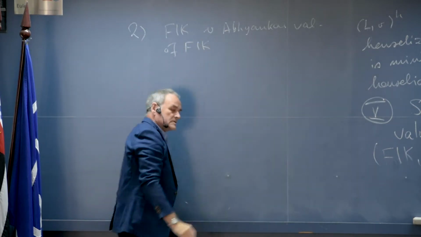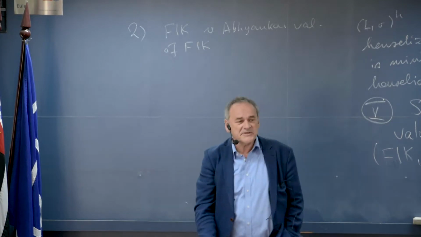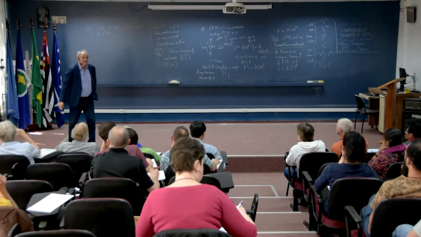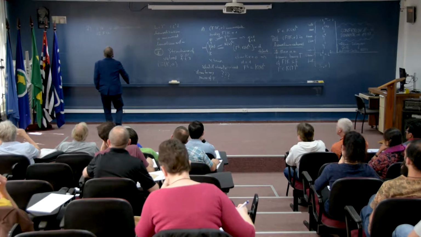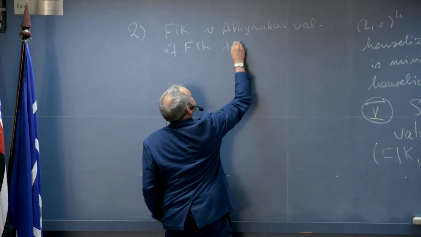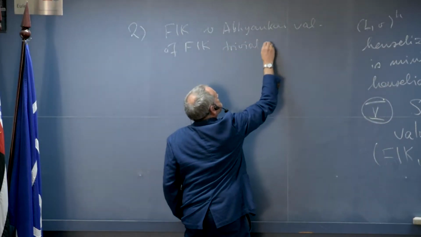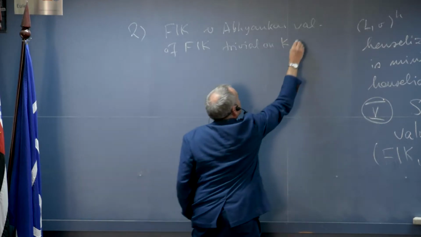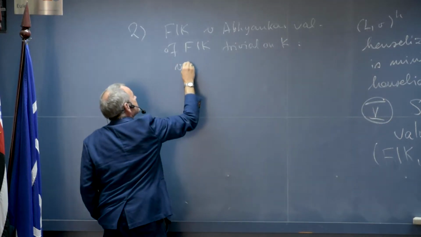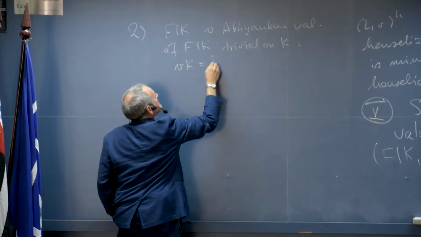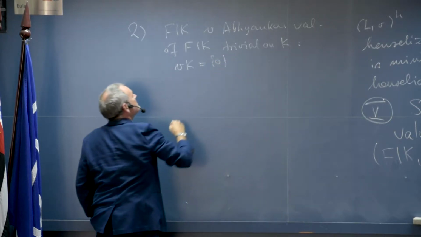And so in algebraic geometry, you usually look at valuations that are trivial on k, which means that V restricted to k is trivial.